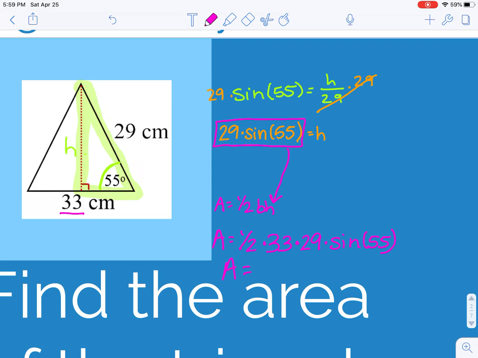And area is 392, about. And I want you to notice 33 and 29 are both of our sides. 55 is the angle in between them. So keep that in the back of your brain.